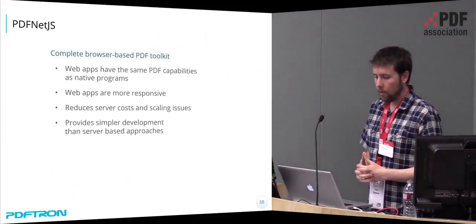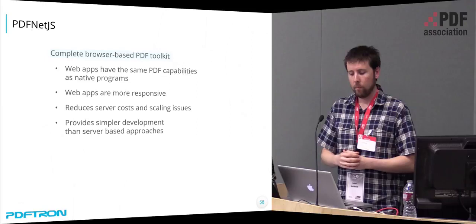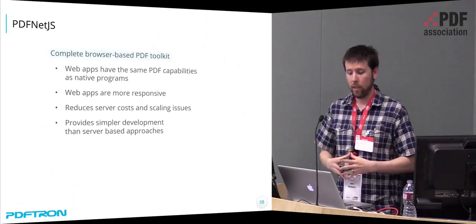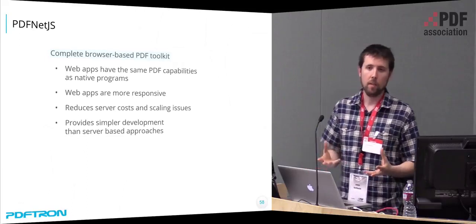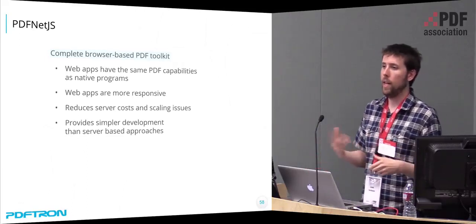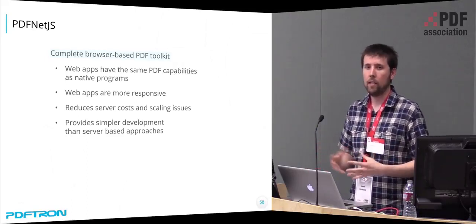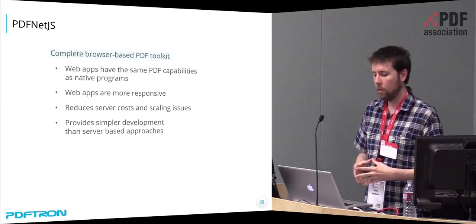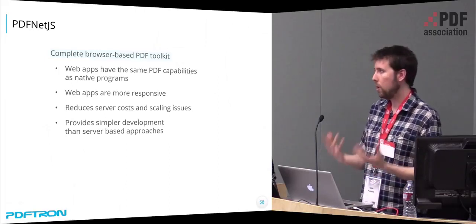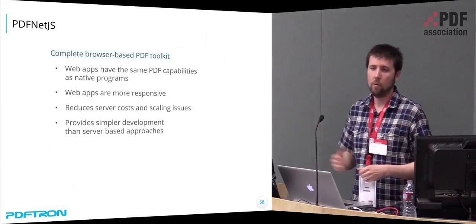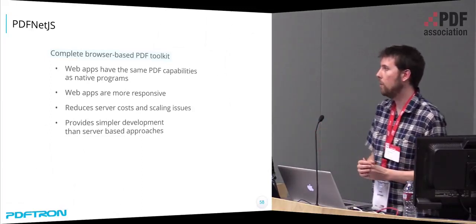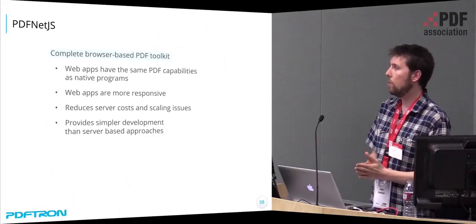So, in conclusion, PDFNet.js is a complete browser-based PDF toolkit. It means that PDF apps now have the same capability as native programs. They don't need to do this dance with servers and all the headaches, problems and costs those cause. They're more responsive to the end user because you can cut out either all or at least half the uploading and downloading that occurs for typical use cases.